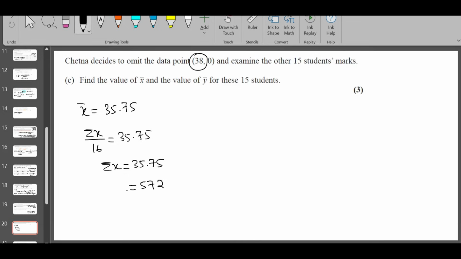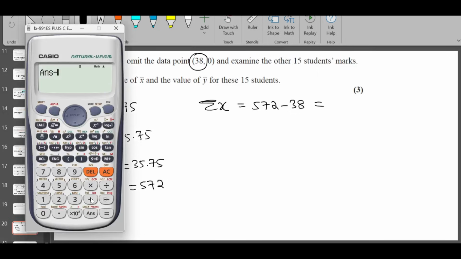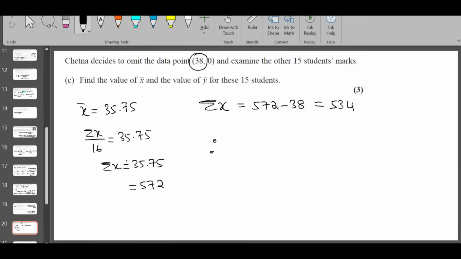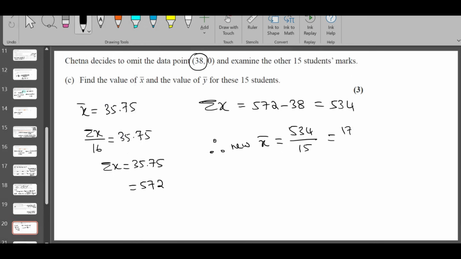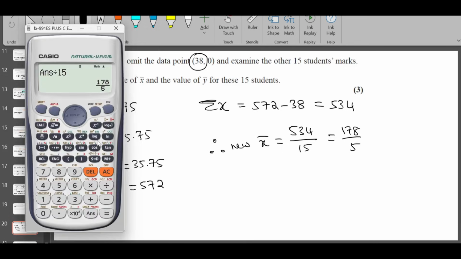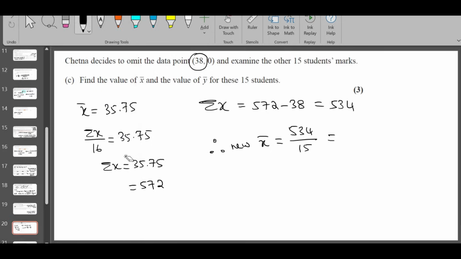But we are removing 38 now. So sigma x for 15 students is 572 minus 38, which is 534. Therefore, new x bar is 534 divided by 15, which is 178 over 5, or you can write it as 35.6.